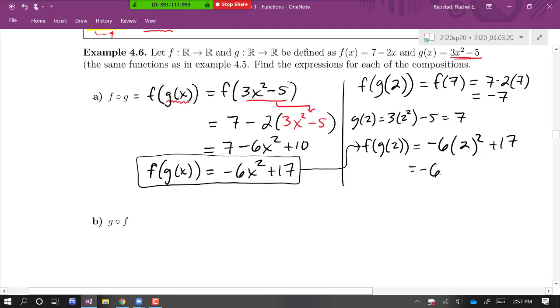So this is minus 6 times 4 plus 17. Minus 24 plus 17 is negative 7. And these check out.